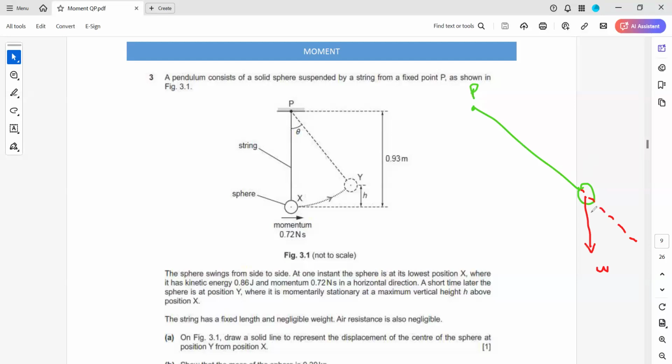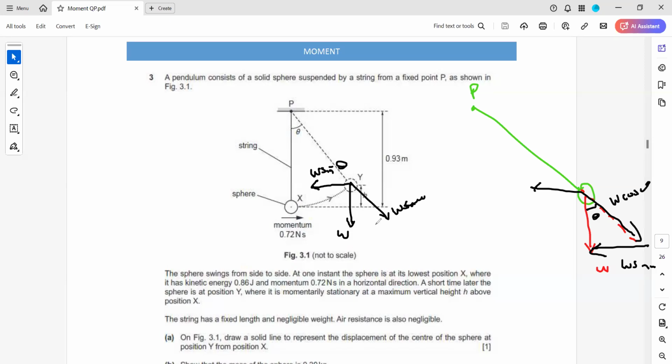One component, with theta here, is W cosine theta, acting in the same direction as the pivot, so it does not cause any moment. The moment is caused by W sine theta, the component of the weight which causes a turning effect. W cosine theta is along this line, so it does not cause any turning effect.